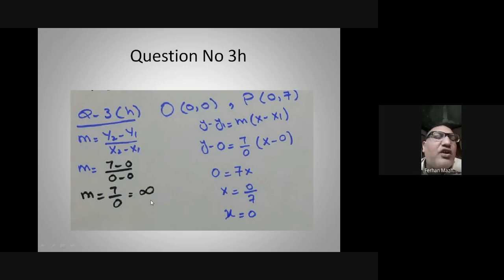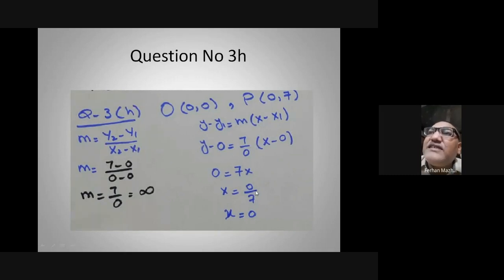It's infinite, not defined. So if you want to find the equation of this line, y minus y1 equals m bracket x minus x1. So y minus the y1, which is 0, equals 7 by 0 into x minus 0. This 0 goes to this side and multiplies, the slope is 7 by 0, and this whole thing becomes 0. So you will have 7x equals 0.